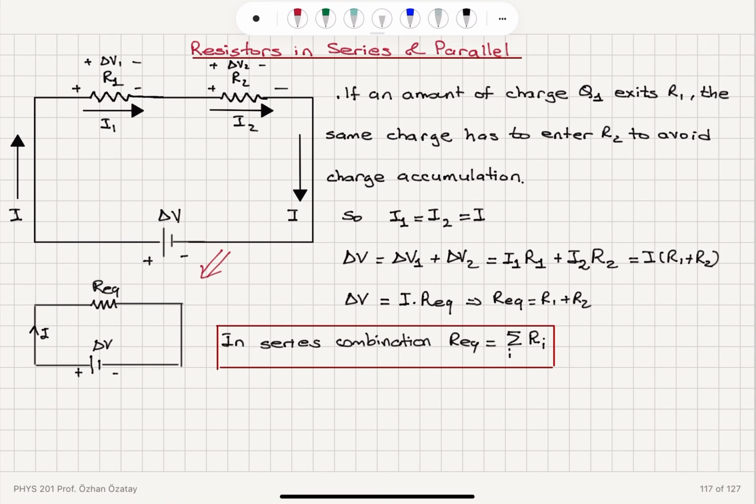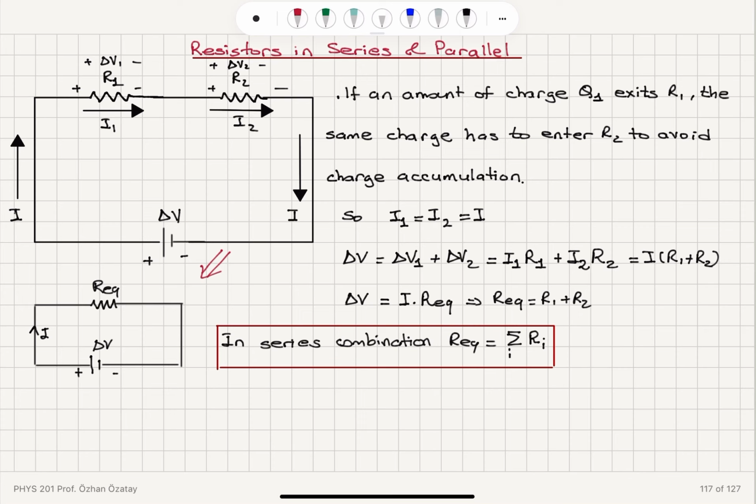We have talked about resistors connected in series and parallel. In series combination, the requirement of charge conservation tells us that the current that flows through the two resistors connected in series should be the same, but their potential differences should add up to the total potential difference between the two terminals.